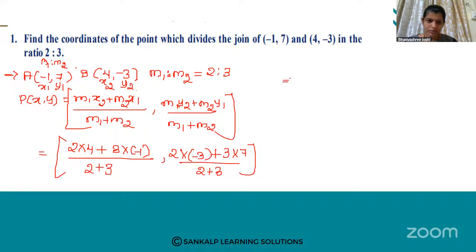Next, 2 4s are 8, plus into minus becomes minus.